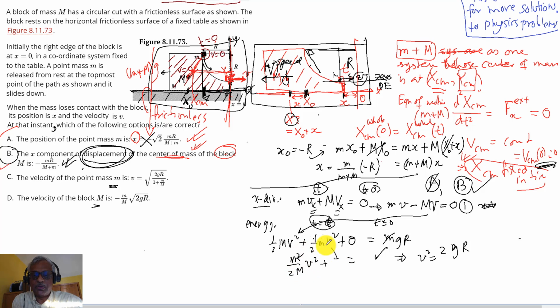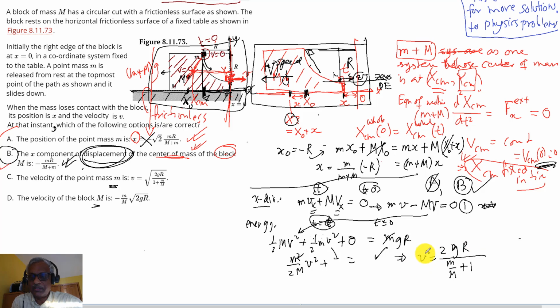So m squared plus m, one of the m got cancelled out, and so I will have 2gr, and this will be little m over M, and that guy will be 1.